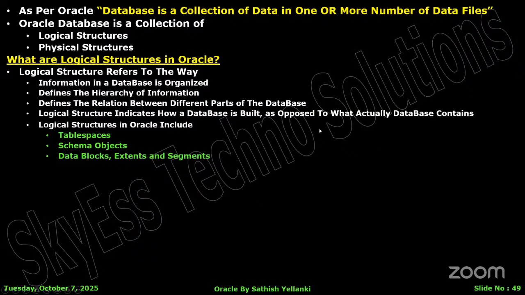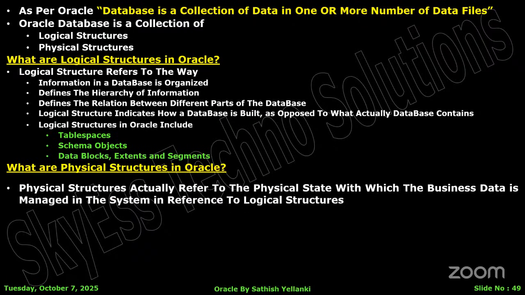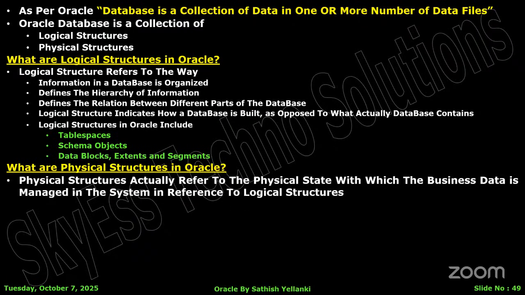The second kind of structures are called physical structures. Physical structures are nothing but structures where your original business data will be managed. Means your actual business data will be managed in physical structures, which are supported by logical structures. Therefore, if your logical structures are not planned properly, can you expect your physical structures to exist? No way.